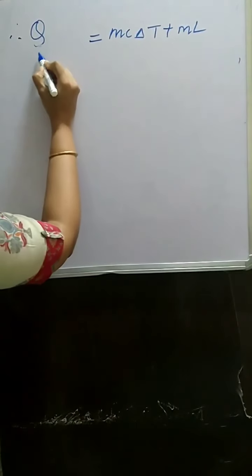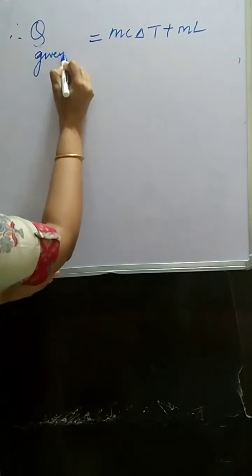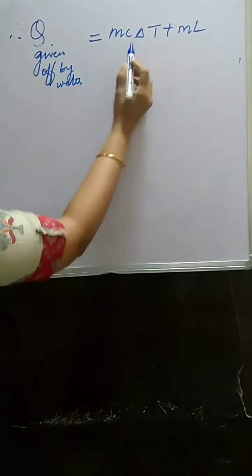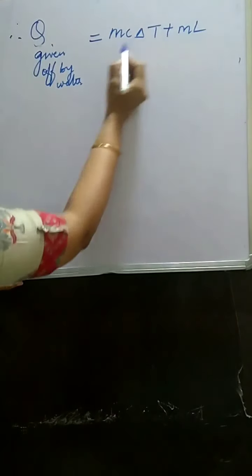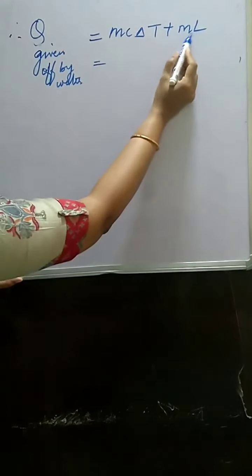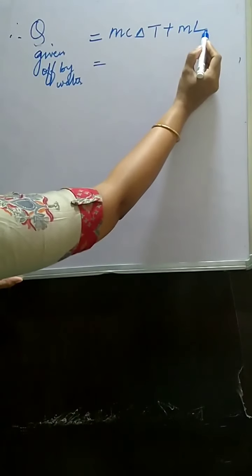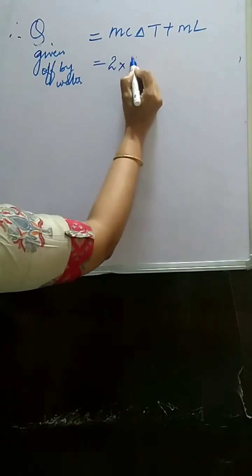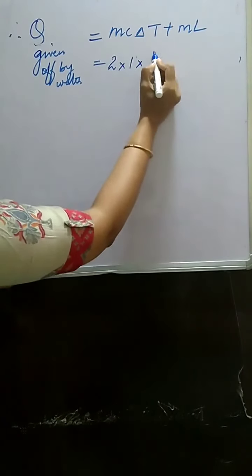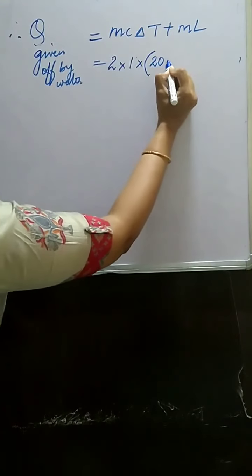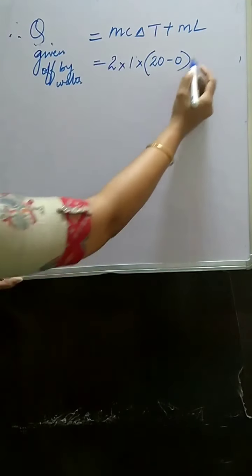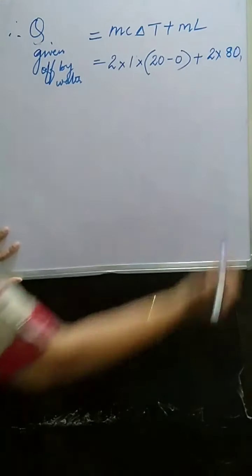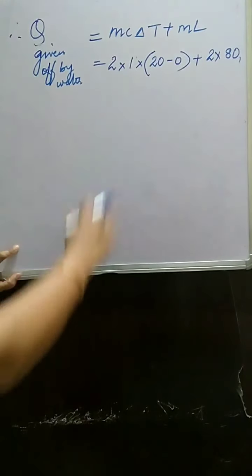So the heat lost by water or given off by water is equal to mc delta T plus ml. Why plus ml? Because the water is getting converted into ice. Mass of water was 2, specific heat of water was 1, and delta T, the change, from 20 to 0, so 20 minus 0, plus mass is 2 and latent heat is 80 calorie per gram.